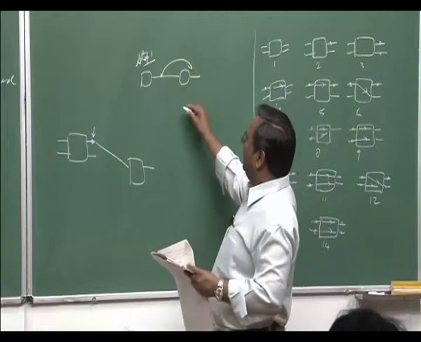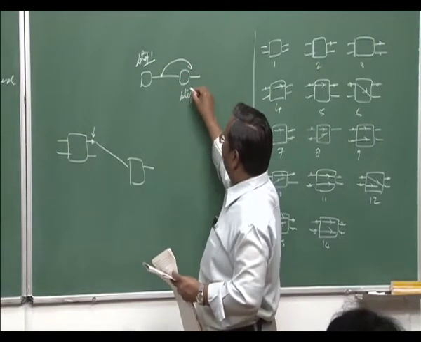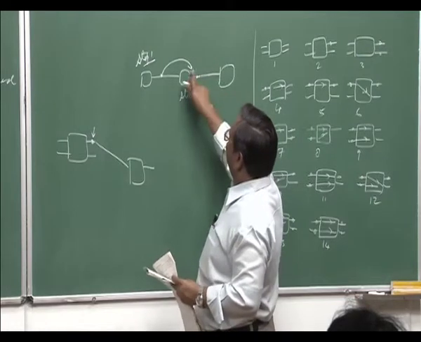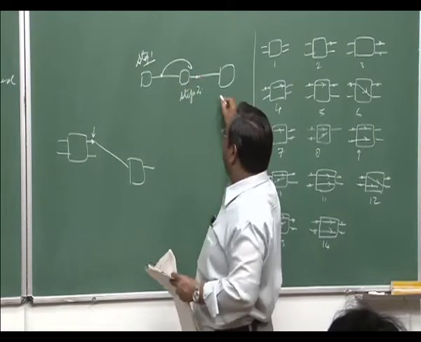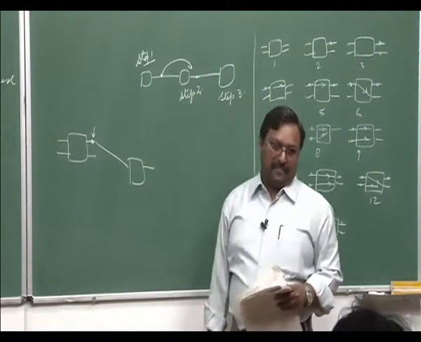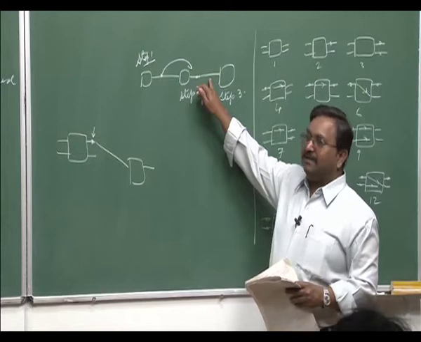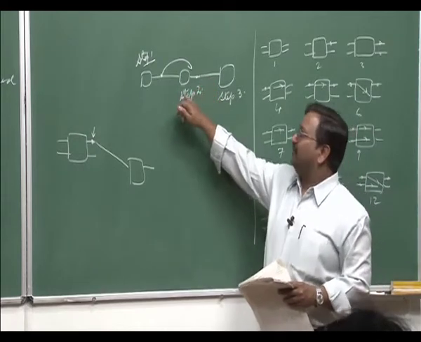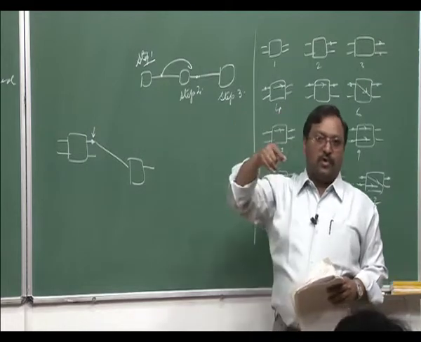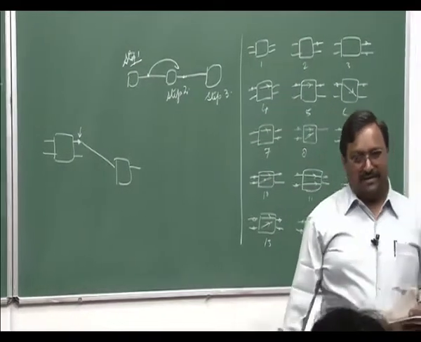The packet is jumping, so step 2 is happening here. For this packet arriving at the input link, step 3 is happening here. Step 3: a packet arrives in your input buffer. Step 2: a packet goes from your input to output buffer. Step 1: a packet goes from your output buffer onward.